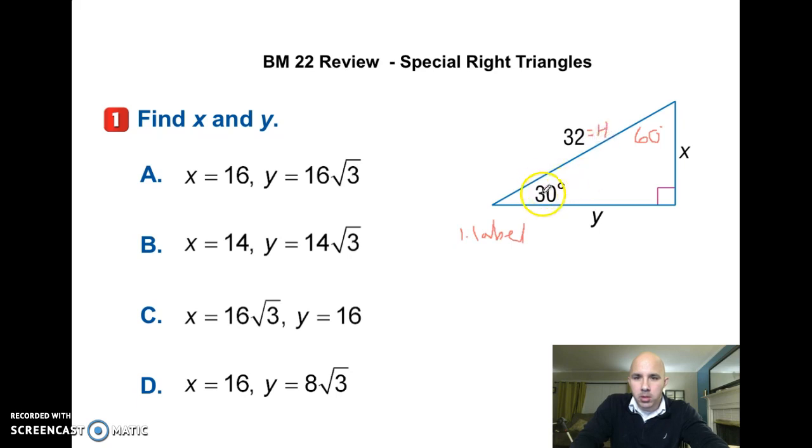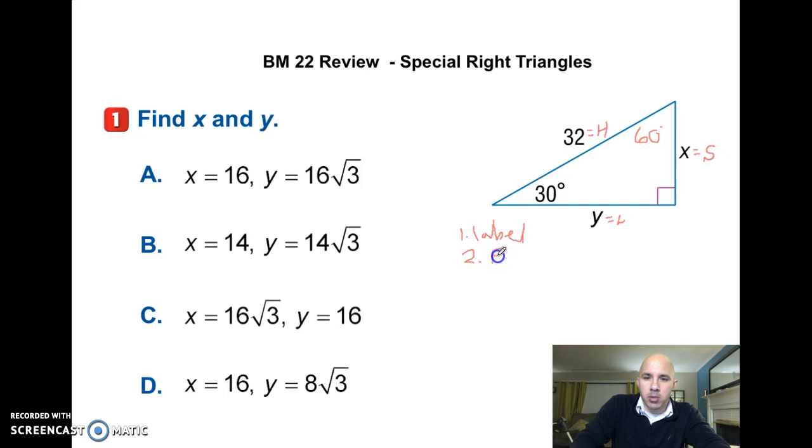This side, across from the 30-degree angle, is going to be the short side, for the smaller angle, and this is going to be my longer leg, longer side.